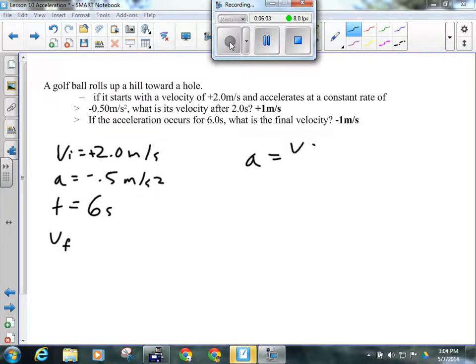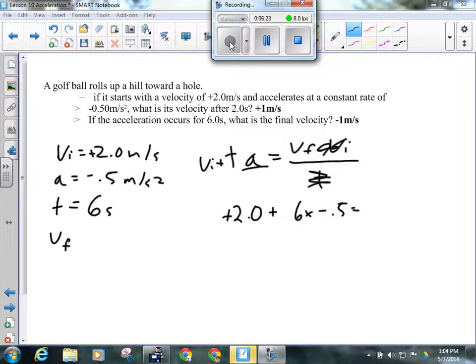A equals VF minus VI over T. We multiply both sides by T, and then add VI to both sides. So we have VI plus T times A. That'll be positive 2.0 plus 6 times negative 0.5. When we do that, we should end up with 2 plus -3, which is -1 meter per second.